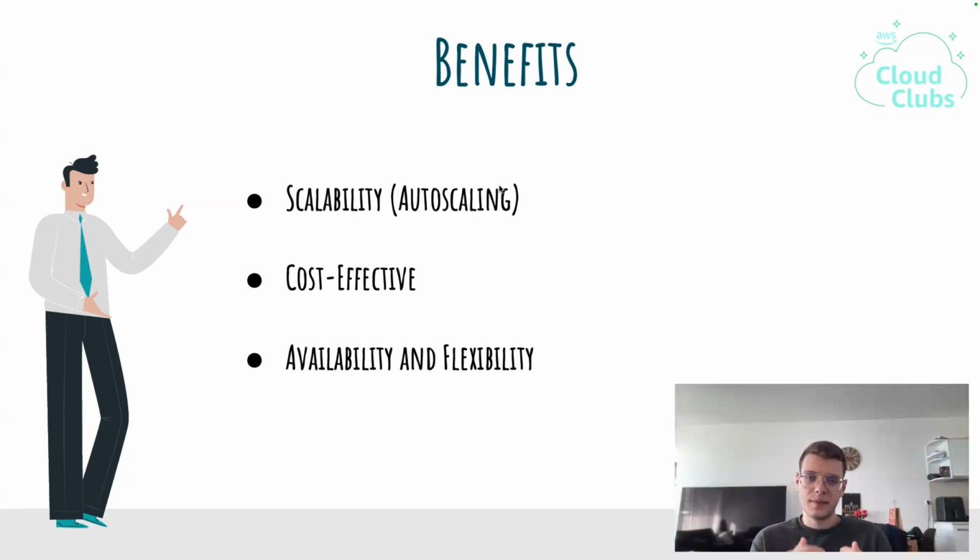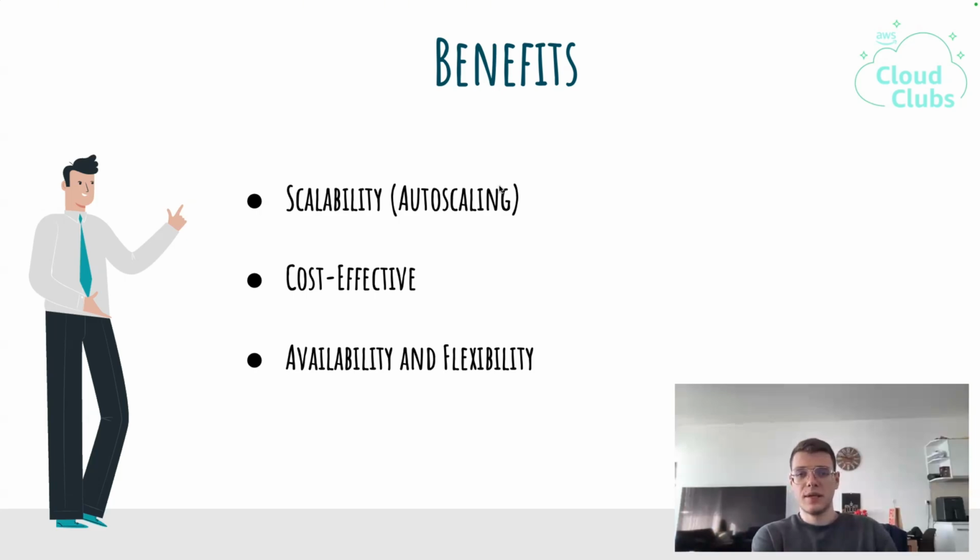Yes, we can set some limitations, but the application uses as much as needed, and we can also auto scale it with a few tasks or more resources, whatever. And this is really cost effective, a really powerful thing for auto scaling.